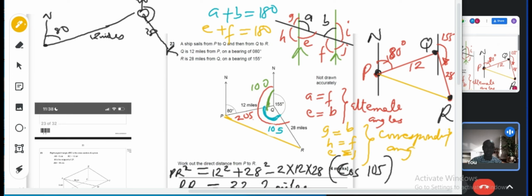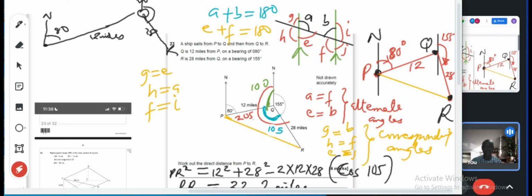You know about vertically opposite angles? The ones that form an X. G is equal to E. They are vertically opposite angles, and they are also equal. H is equal to what? A. H is equal to A. Of course, F is equal to I, and so on.